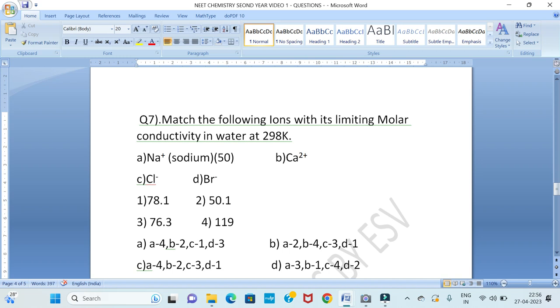Next, D, bromine. Bromine D means 1, 78.1. G, H, A, Ga. Next, I'm putting R, Gar. Bromine means bro. I will talk to my friend: hi bro, there is no one in my house, my parents have gone outside.